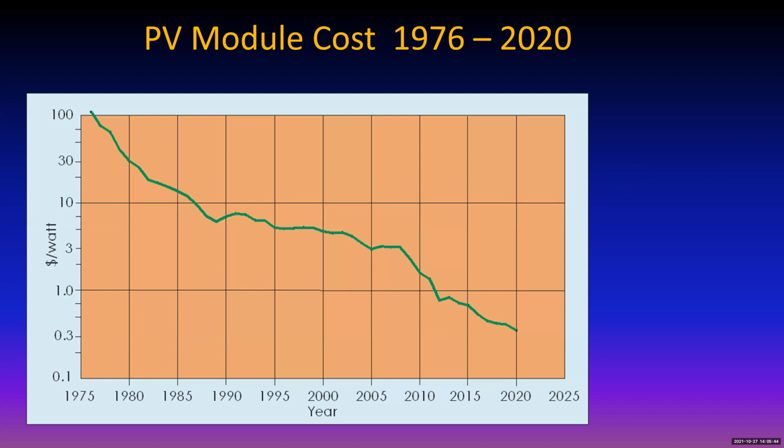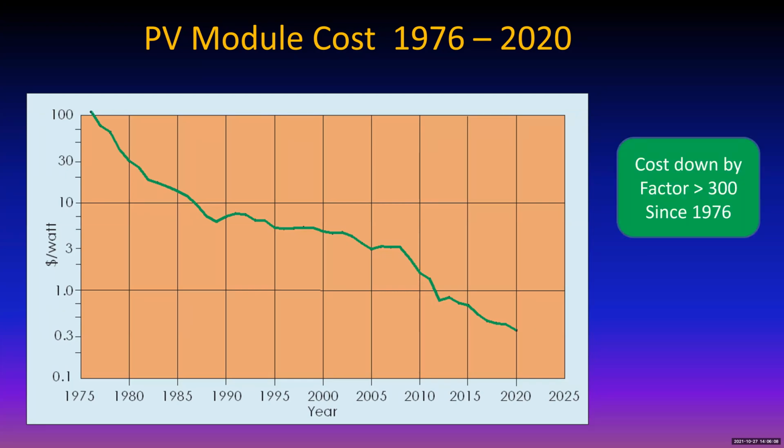If you look here at the module costs, and this is just the module, not the system cost, between 1976 and 2020, they started back over $100 a watt in 1975, 76, that time frame. In 2020, they were down to about 40 cents a watt or less, depending on the quantity you buy and what kind of modules.